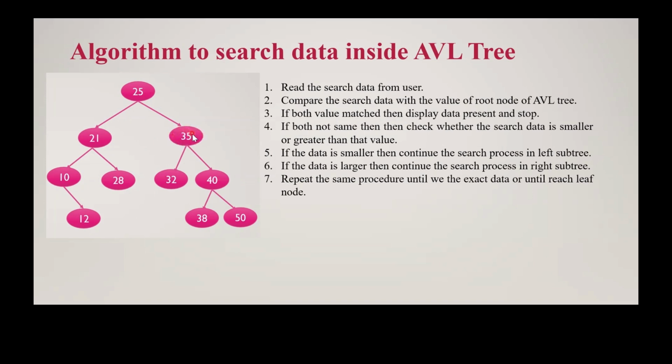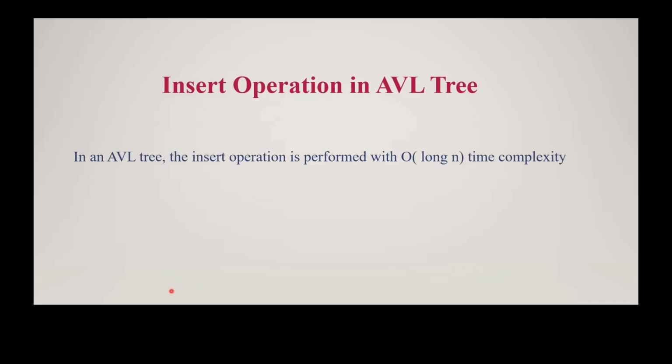No, it is not equal to 32. So we have to go to the less-than side. It will go to the left subtree and we get the value. This is the same way we search for an element inside a binary search tree.